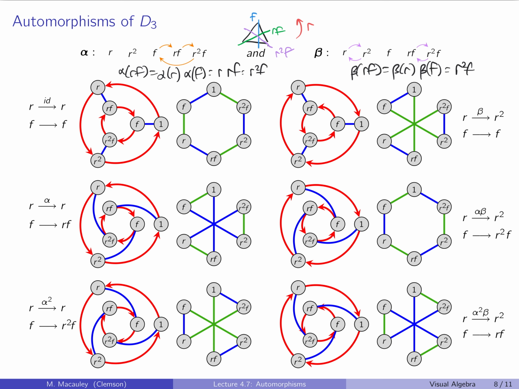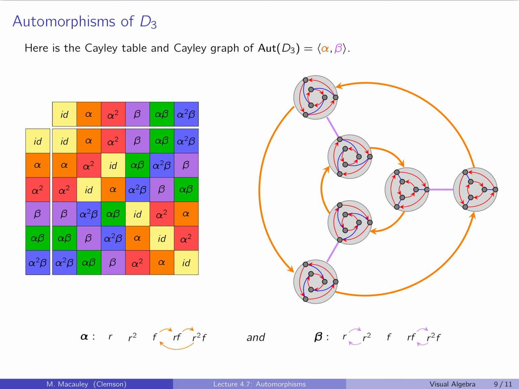V₄ and put these in the nodes of a Cayley graph. We'll do these one at a time. So this is a Cayley graph using our first choice of Cayley graph. So this is alpha and alpha squared, and this is beta, alpha beta, and alpha squared beta.